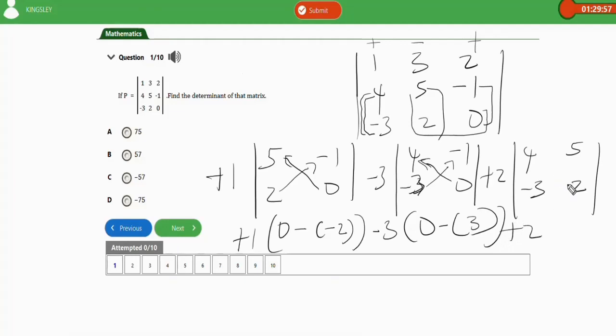Then +2, go again, this will times this and this will times this. So we have in bracket 4 times 2 is 8, minus 3 times 5 will give you -15. Okay, so close them in brackets. So let's break this down now. To remove the bracket, it's going to give us minus times -2 will give you +2, +2 times 1 you have 2.